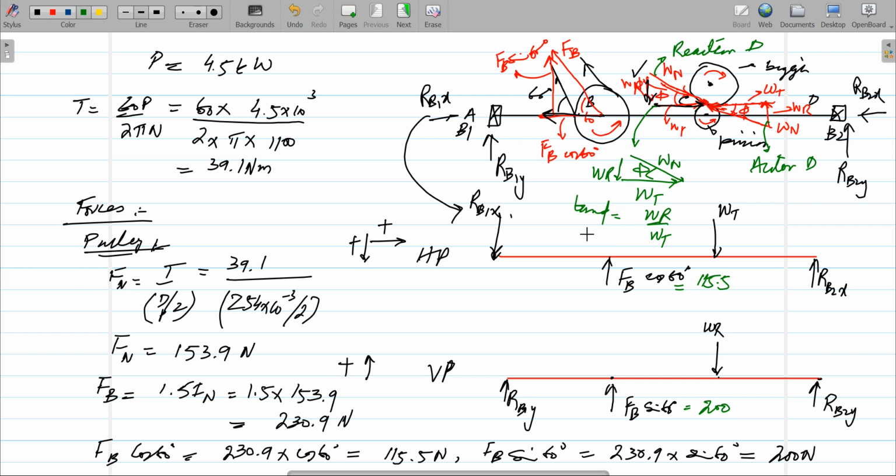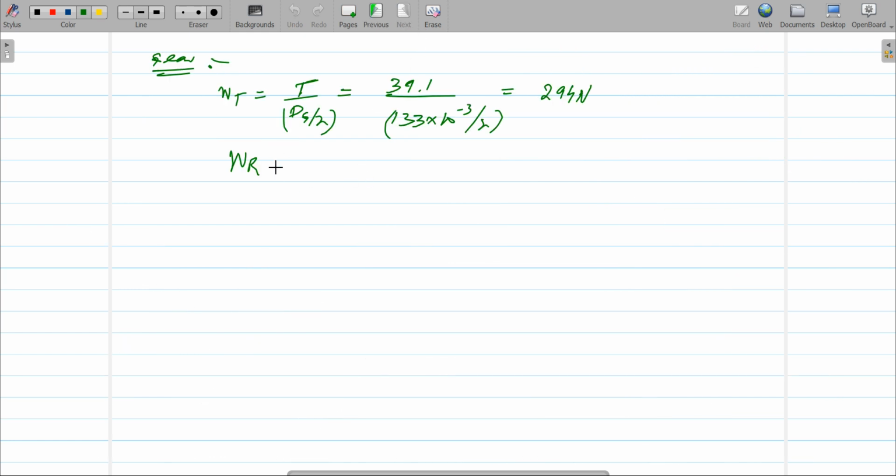So WR definitely equals WT tan phi. WT is 294 into tan of 17 degrees. So the answer is 89.9 Newton.